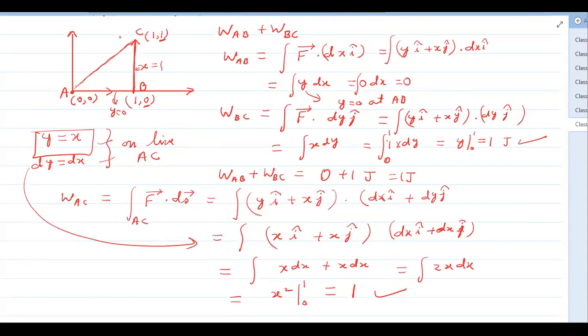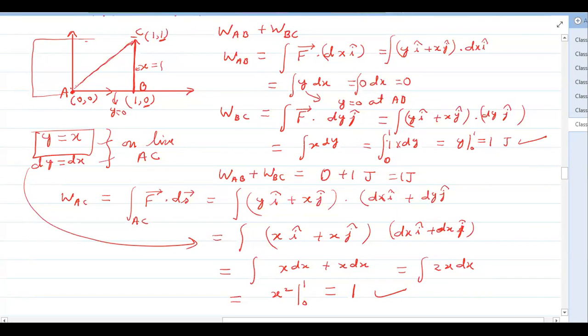Suppose we take a path from here to here, going a very long path. In that case also we have to calculate. If in that case we get some different work done, the force will become non-conservative.